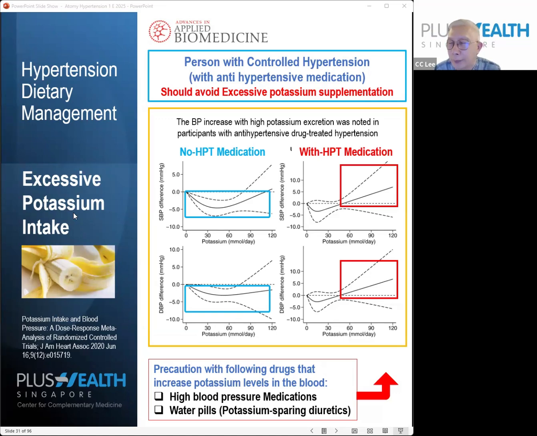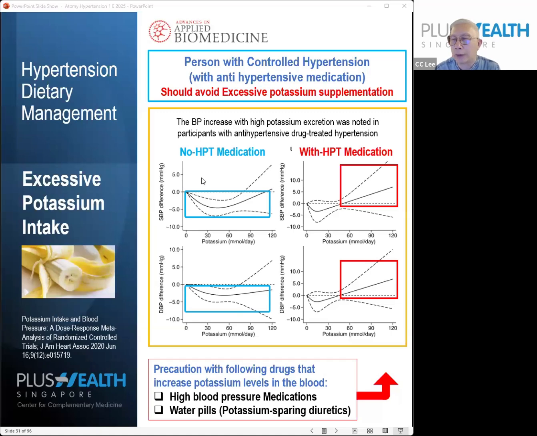in your diet, excessive potassium in the diet itself, you can see from here that this chart shows you that the excessive potassium will increase your blood pressure for people taking hypertension medication. So this is actually one of the very important considerations for not overtaking, not excessively taking potassium itself.